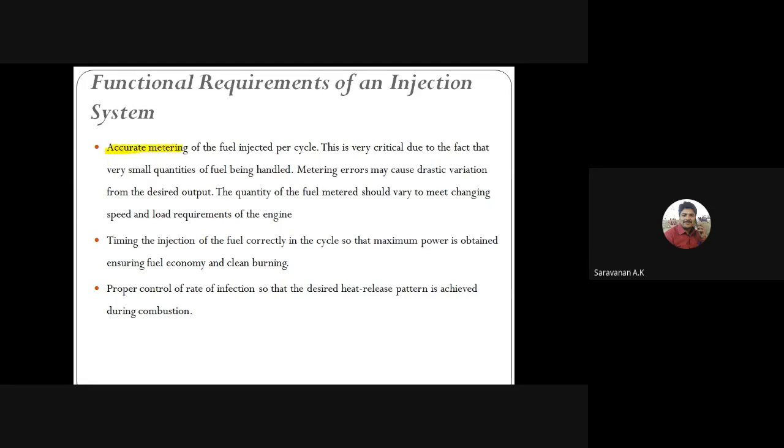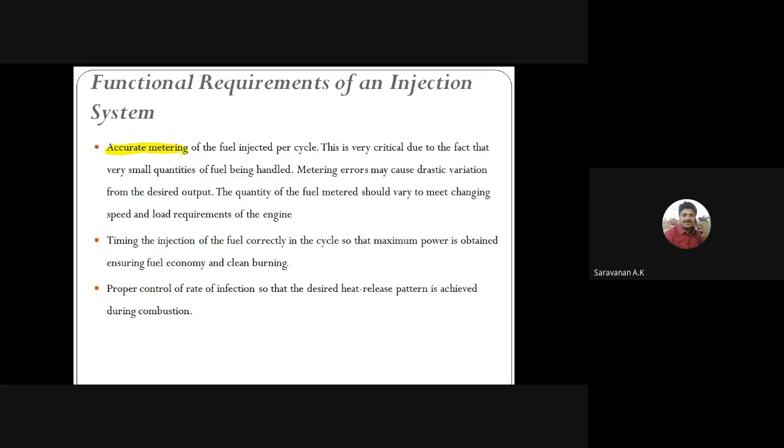Why? Because in the carburetor, that is the SI petrol engine, the amount of fuel supply depends upon the throttle, the working condition and other criteria. The fuel is mixed with the air in a carburetor, and that process is called carburetion.